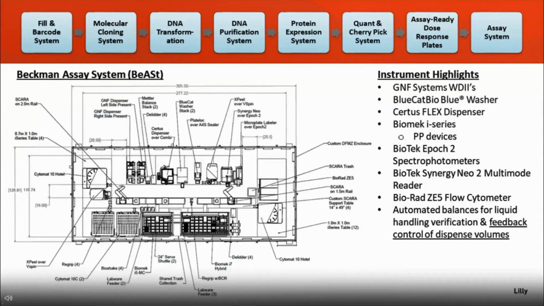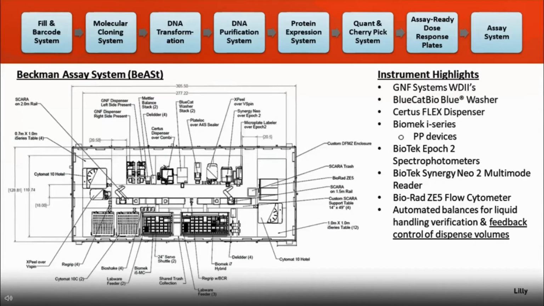So I'll start kind of in the top left corner and go around the system a bit. So we have two GNF WD2s. They're mirror images of one another, flanked by a stack of Mettler balances, again for liquid handling verification. I'll talk a little bit about that in a bit as well.